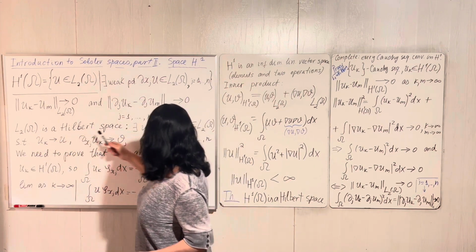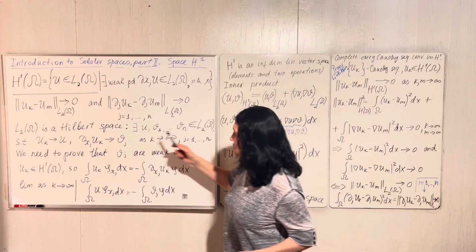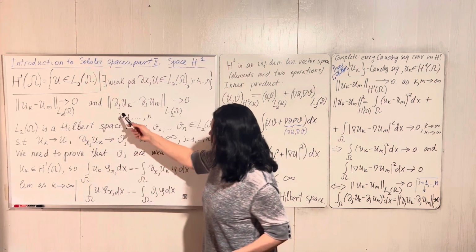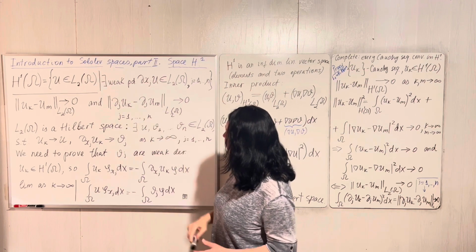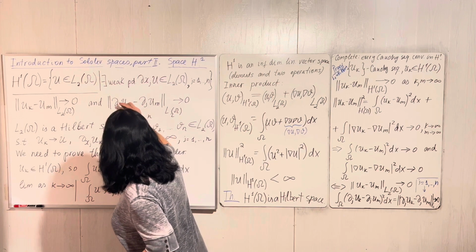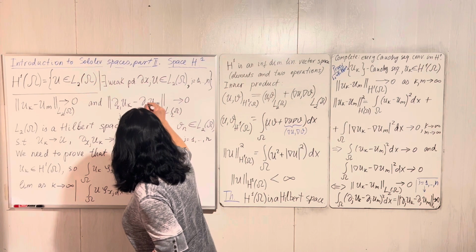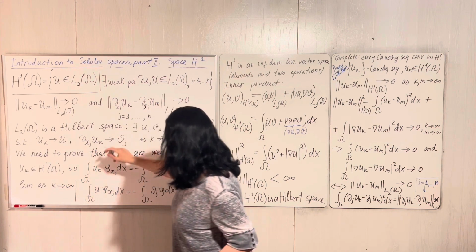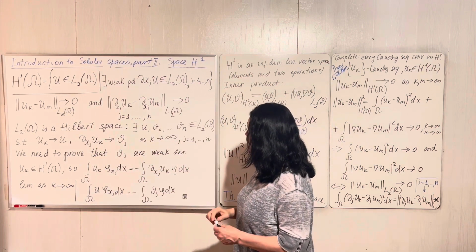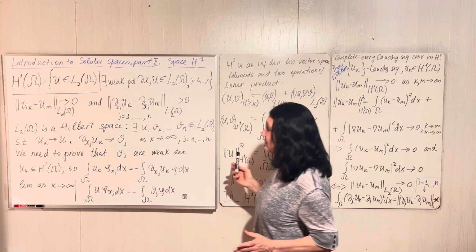It means that there exist functions u and v1, ..., vn in L2 such that the sequence uk approaches u, and each sequence of derivatives, I put here dj, but dj is the same as d/dxj, approaches vj in L2 as k approaches infinity.